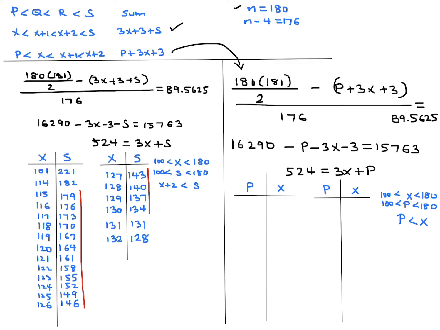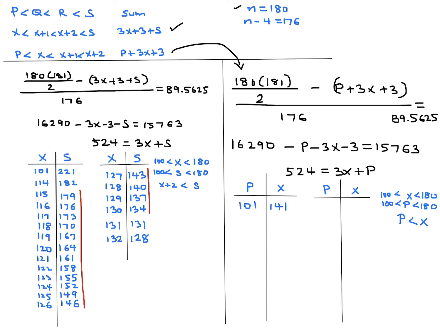Okay, so let's go. It's going to be pretty much the same numbers as we have over here, but this time the numbers are not for P and X and S, they're for X and P. All right, so here we go. When we start at 101 for P, you get 141.